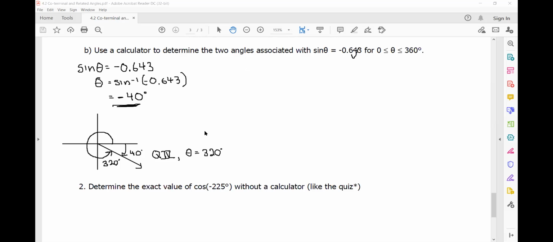Well, we've got to figure out what quadrant we're dealing with. Number one, let's figure out what quadrant we're dealing with. The sine value is negative. Therefore, the theta, the angle, must be in quadrant 4 or which quadrant?